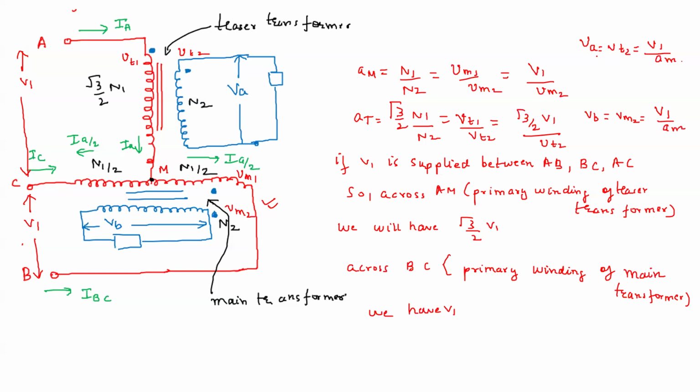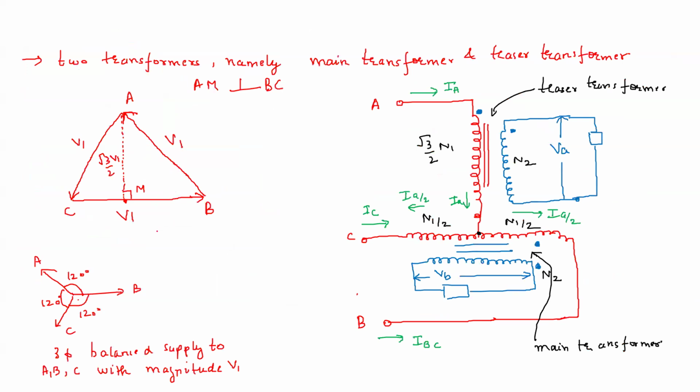So in this way, because we took root 3 by 2 N1 turns on this teaser primary transformer winding, the voltages on the secondary side come out to be equal. And we know that these are 90 degrees apart, because if we draw the phasor diagram, this is the phasor diagram for the Scott connection.